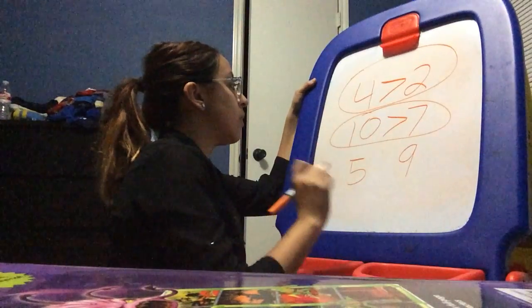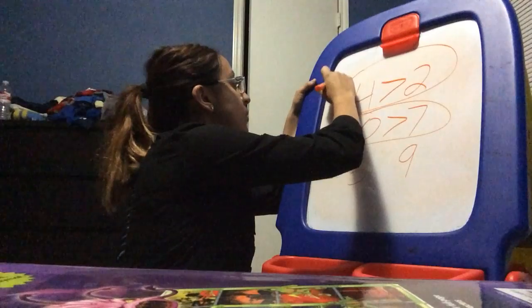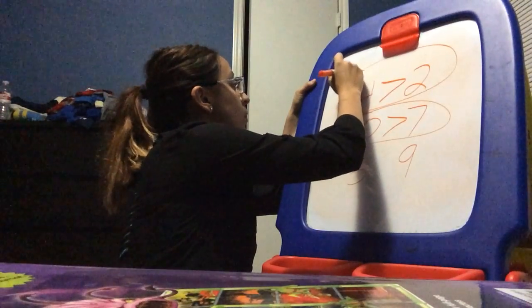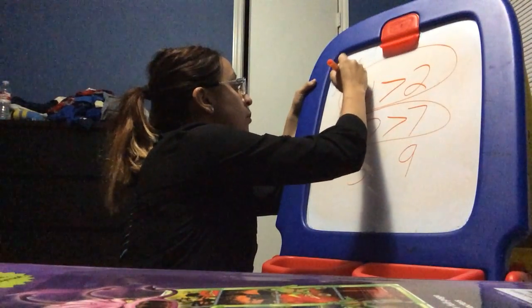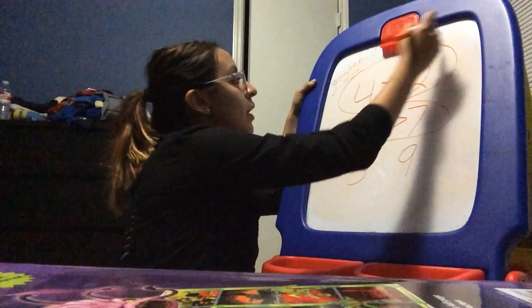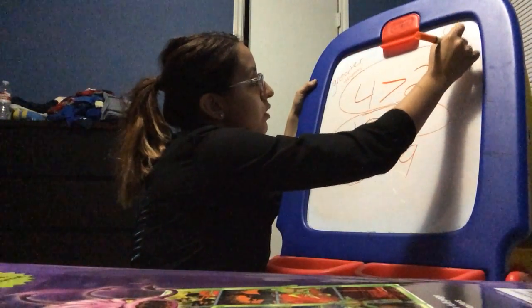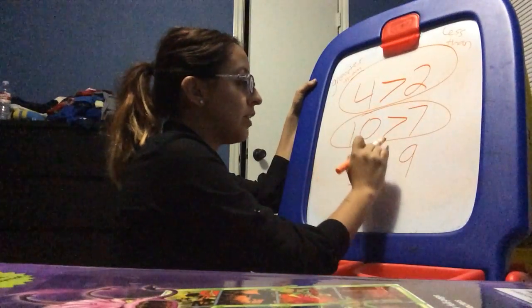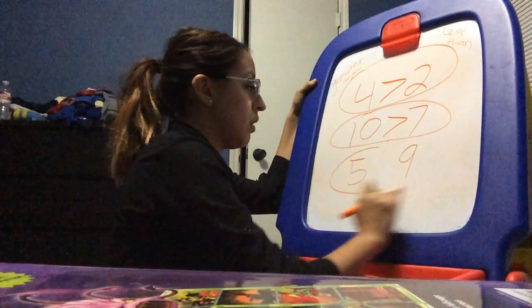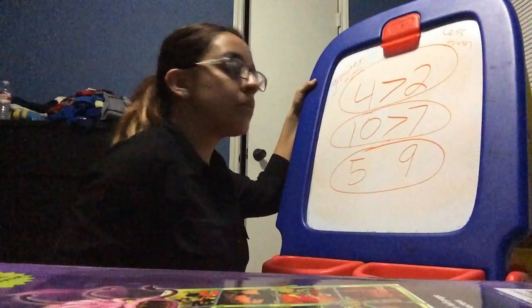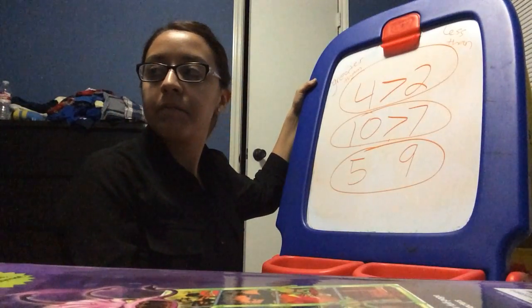Okay, but remember, when we are using these symbols, we have to use the words greater than. Bigger means the same thing, but we have to use greater than or less than when using these symbols. So we have to say 10 is greater than 7. What about 5 and 9? Which number is bigger? 9.